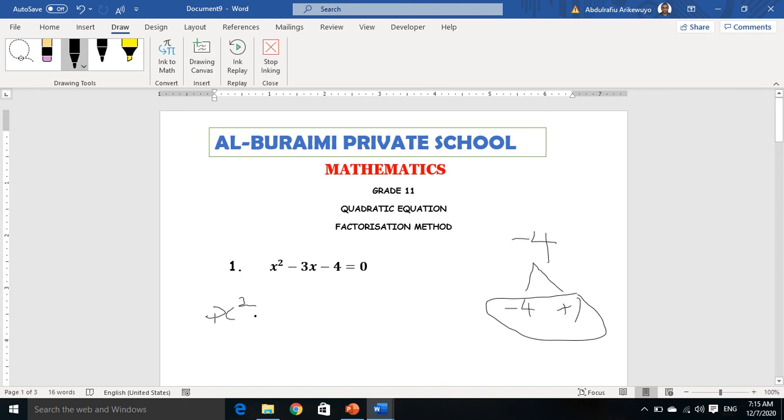So I have minus 4x plus 1x, which is plus x, because 1x and x are the same thing, minus 4 equals 0. So you can see that I've changed minus 3x to minus 4x plus x. If I add this together, I will still get minus 3x, so I did not change anything.